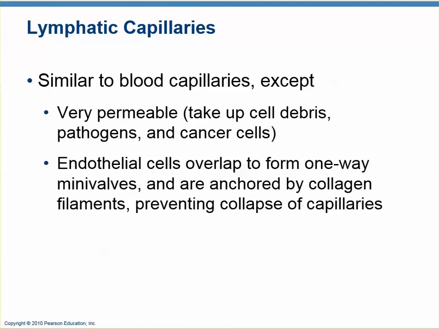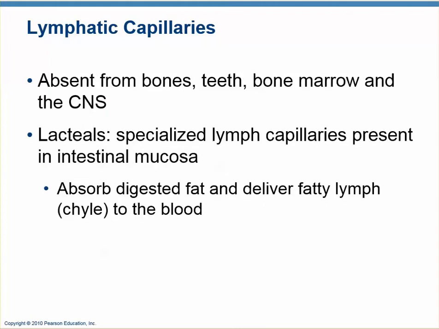So the lymphatic capillaries are very permeable, especially compared to blood capillaries. The openings, when the flaps are open, are large enough to take up debris, basically chunks. They're found virtually everywhere that capillary beds for blood are, with the exception of bones, teeth, bone marrow, and the central nervous system.